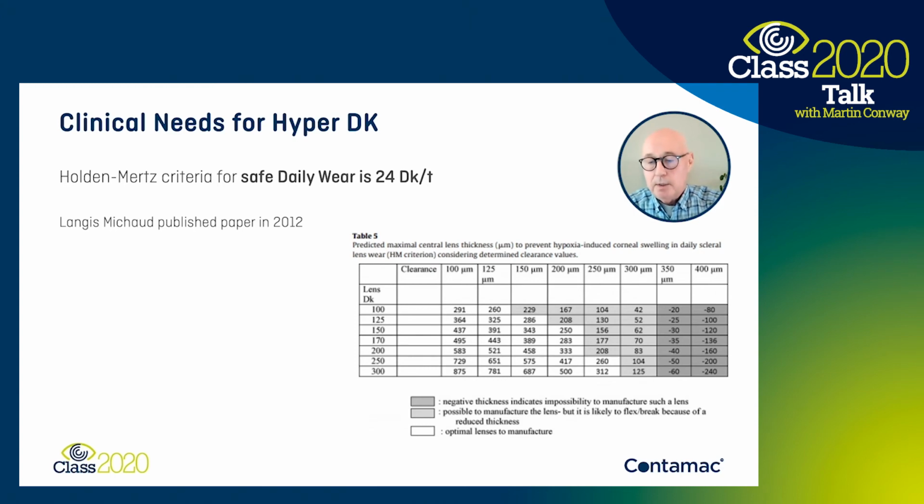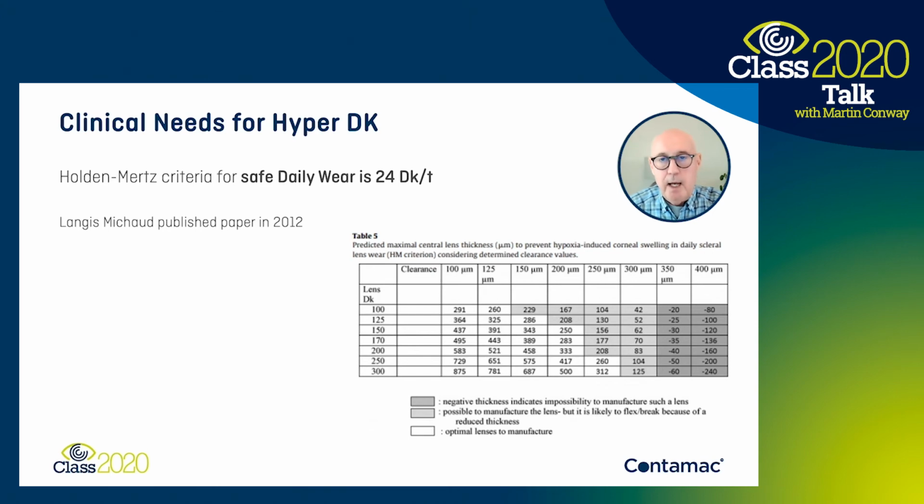Here in the chart, you can see that those figures in the darker hashing are impossible to make. They're minus figures. In the lighter shading, it would be possible for a laboratory to make a lens of that thickness, but it would be impractical in use. The lens would flex or even break. So we're left with those figures on the white background as being lenses that would be possible to manufacture.